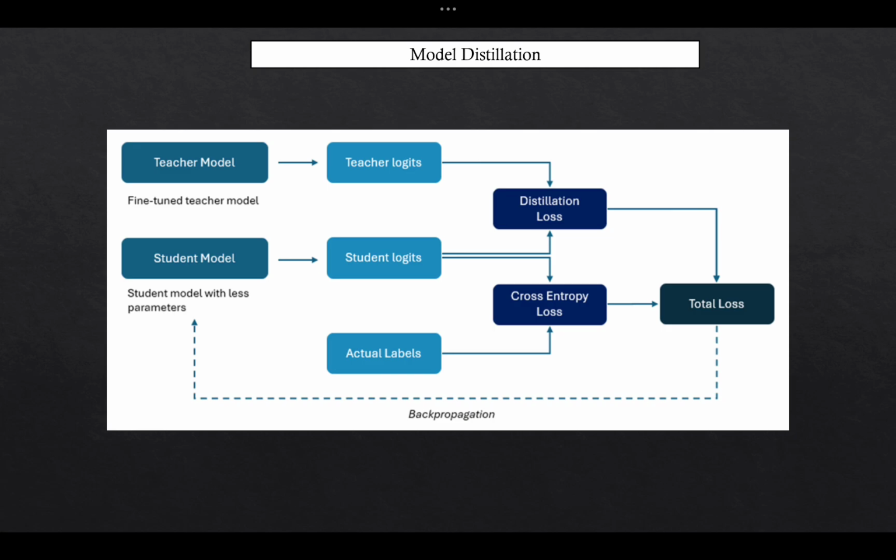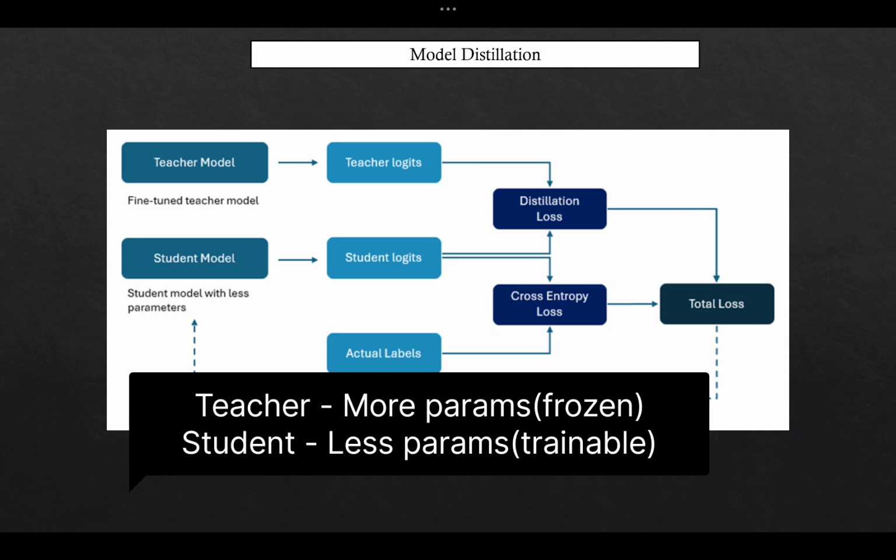But in case of this model distillation, what we generally do is we use a teacher model, which is a fine-tuned teacher model, and we get teacher logit outputs, and then we compare the student logit distribution with the teacher logit distribution, and we come up with a distill loss, right?